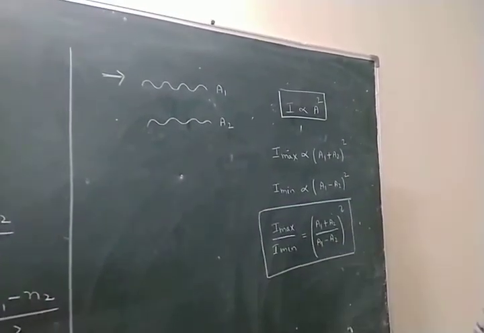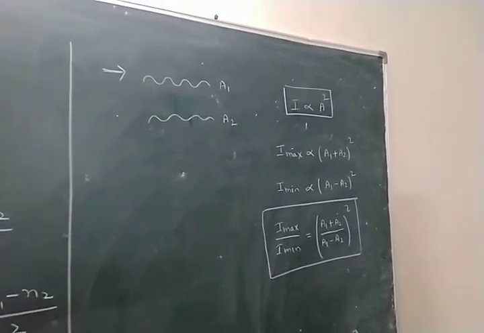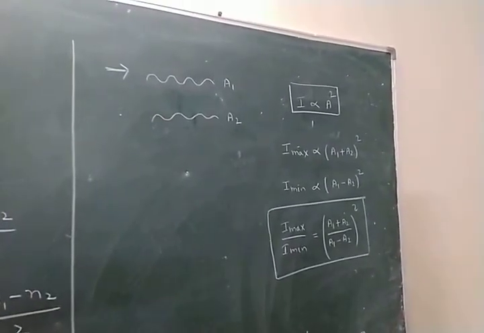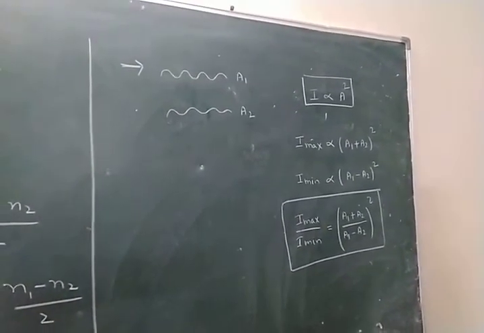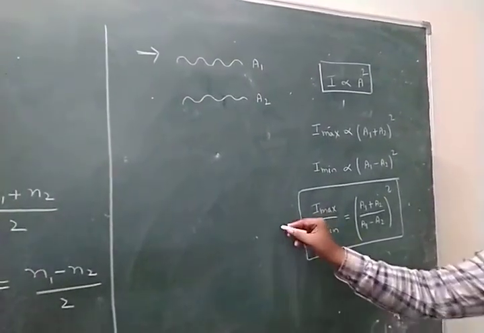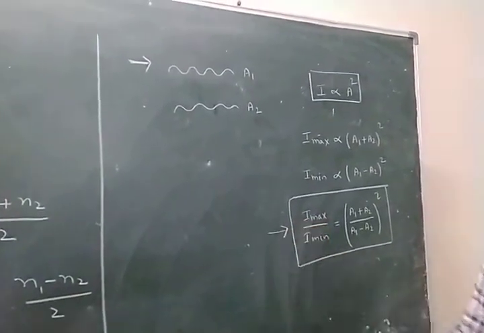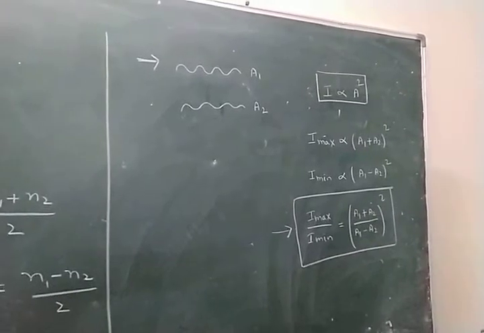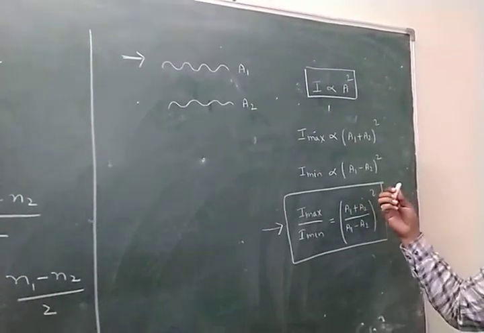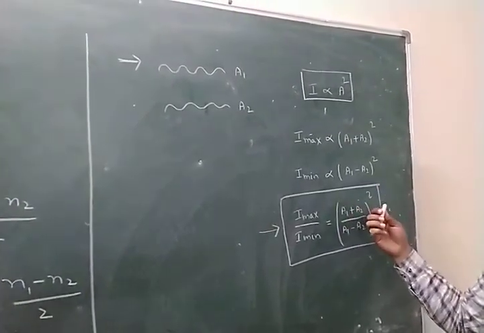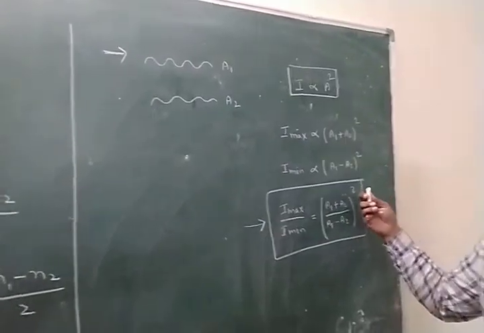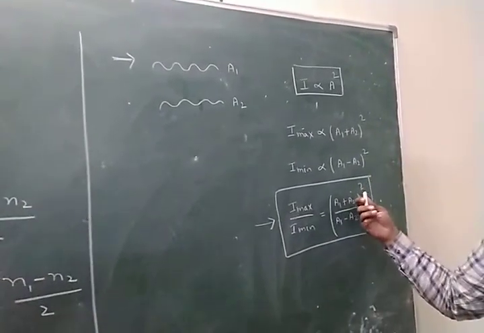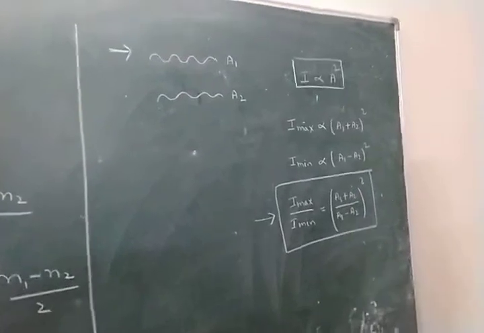What is I maximum by I minimum? A1 plus A2 by A1 minus A2 whole square. This is the formula for I maximum by I minimum. This is also a most important formula in the syllabus nana.